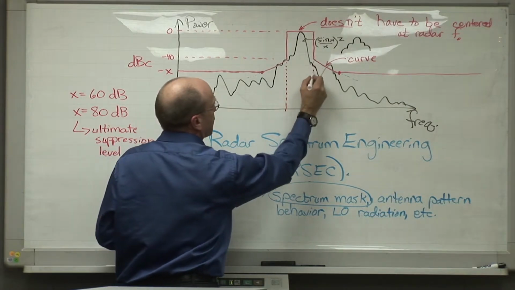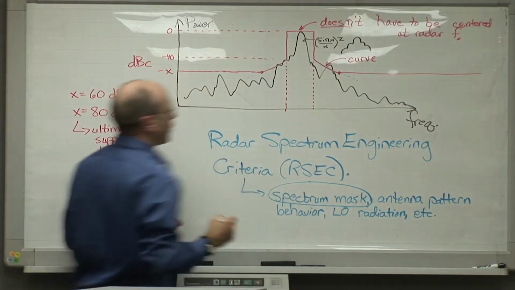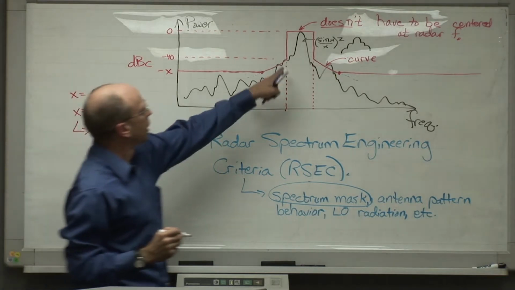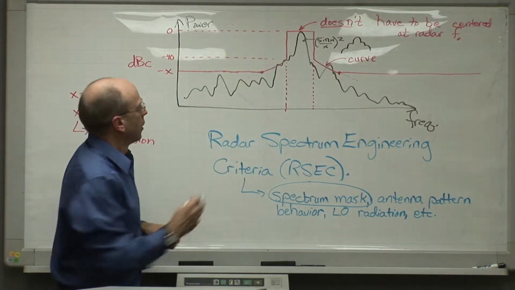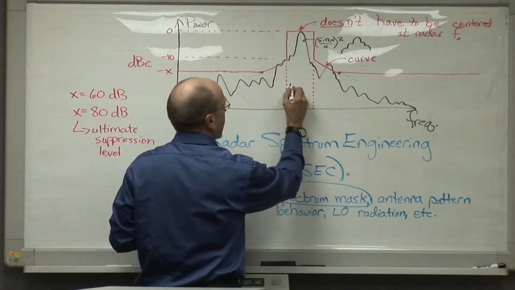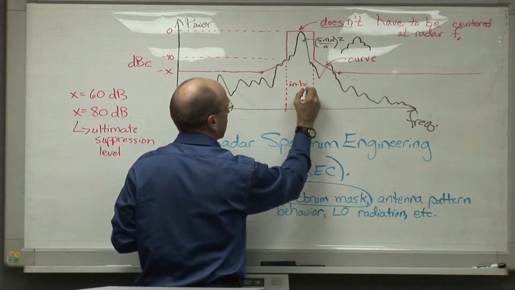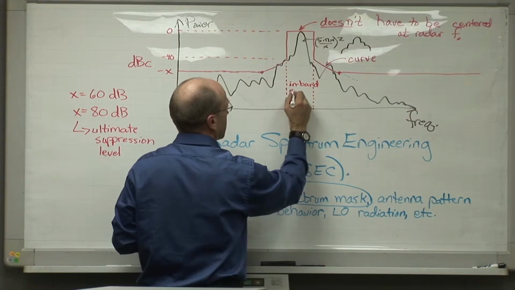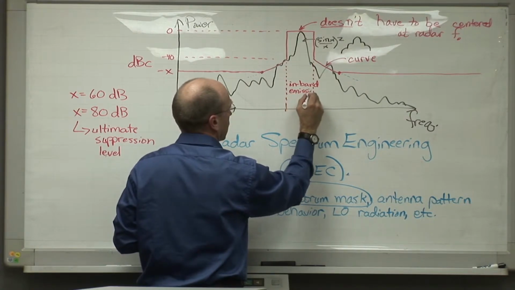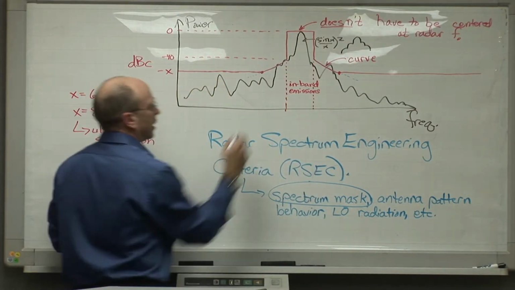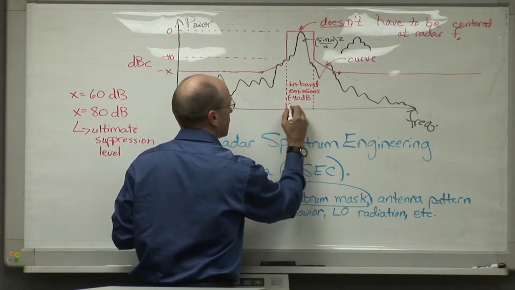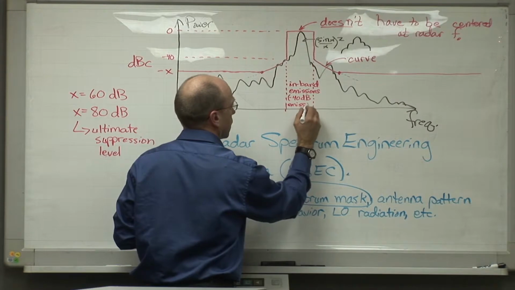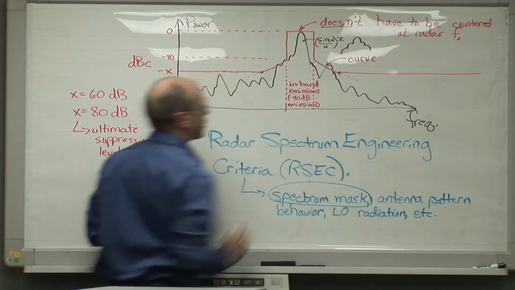And so, this mask leads naturally to the definition of some regions. Inside this 40 dB chimney, we can refer to these as in-band emissions, or we can call it the minus 40 dB emissions, like so.